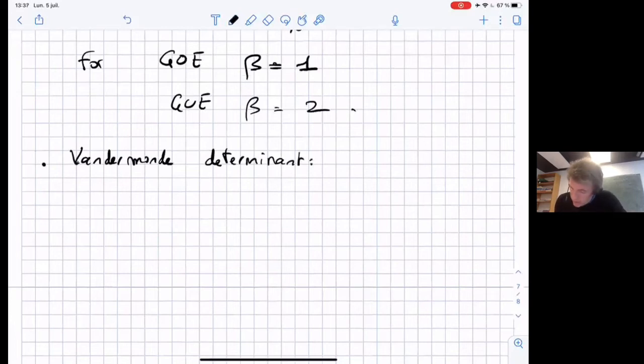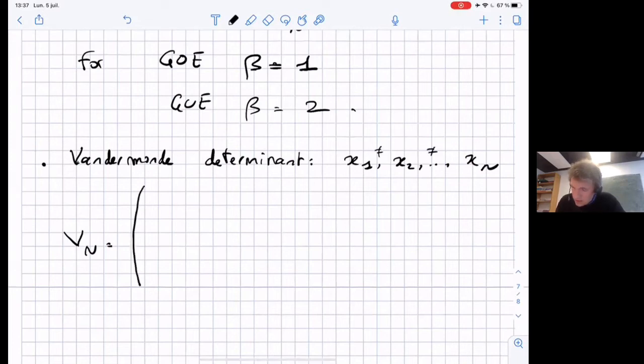So let me define this matrix Vn, which is an n by n matrix, and it is defined from a set of numbers x1, x2, up to xn, and they are different from each other. I look at this matrix, which has this very nice structure.